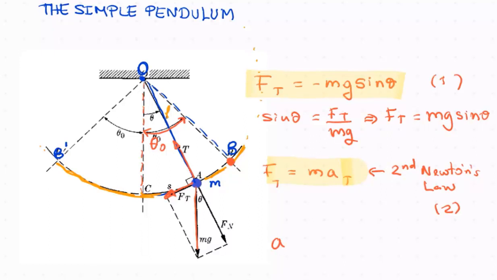Tangential acceleration would be equal to angular acceleration multiplying the radius of the circumference, but the radius of the circumference is L, because the mass is moving along a circle of radius L. You remember that the angular acceleration is the second derivative of the angular position with respect to time.